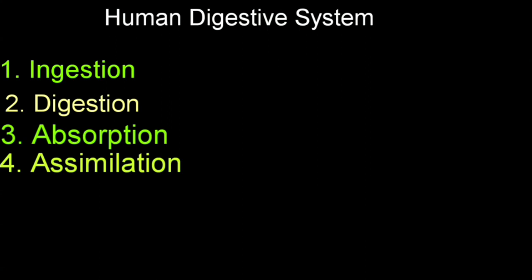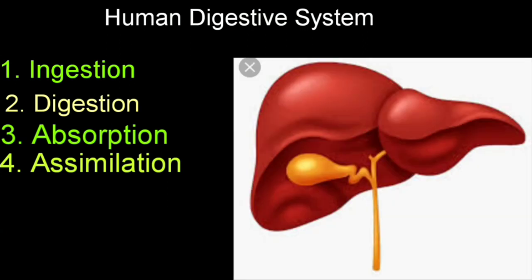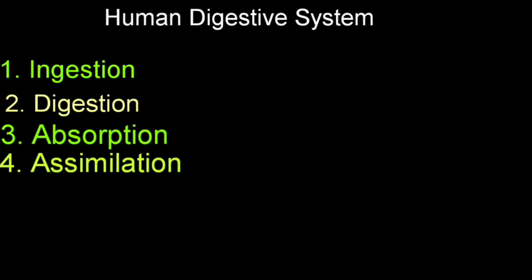Extra amount of digested food which is not used up by the body immediately is stored in the liver in the form of glycogen. This is used for the source of energy by the body when required by breaking down into glucose. Now the last step of process of nutrition, that is egestion.